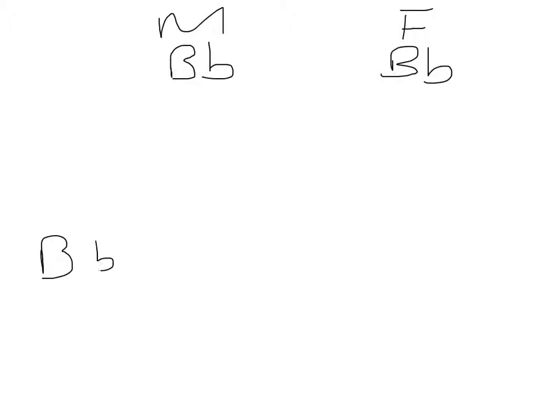So let's now see what happens if two heterozygotes reproduce together. There's the mother, there's the father. Same idea, let's say the mother is heterozygous and the father is also heterozygous. Now remember, the big B is for blonde and the lowercase b is for brown.